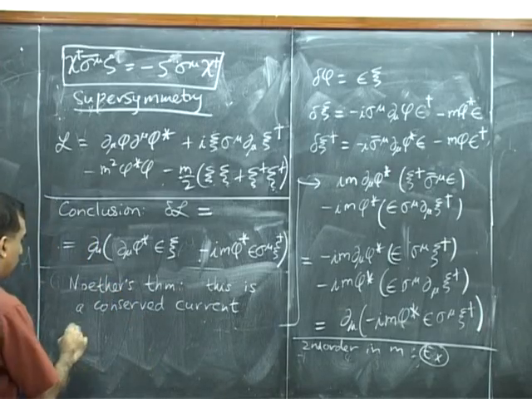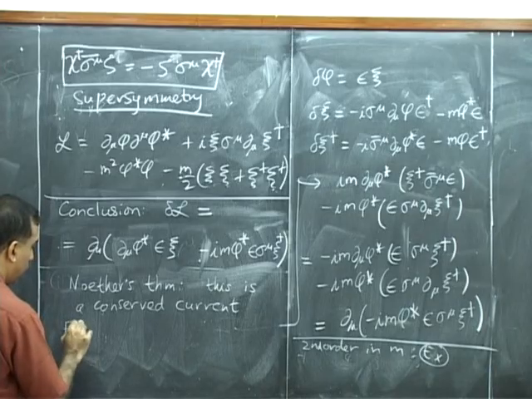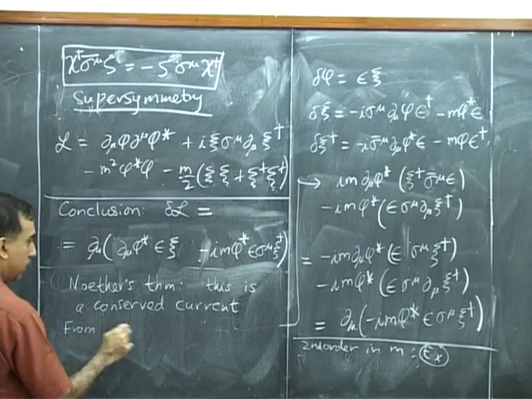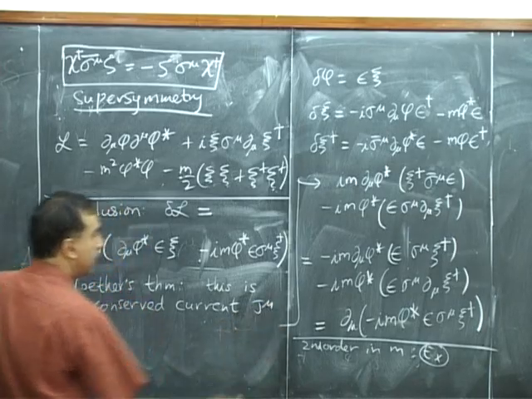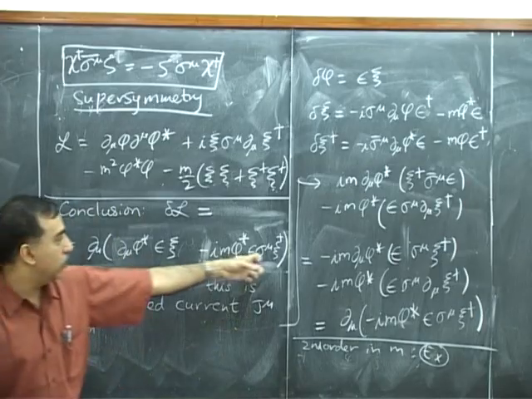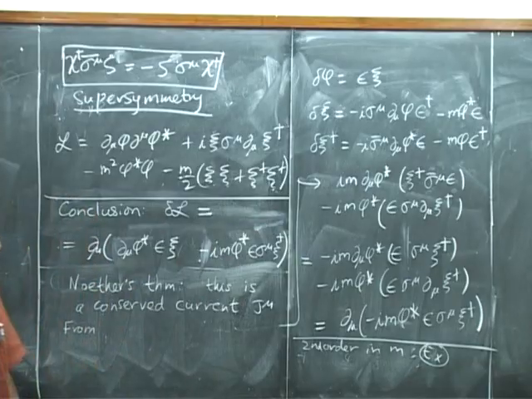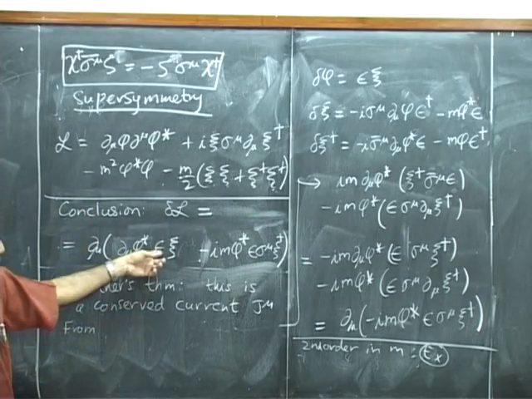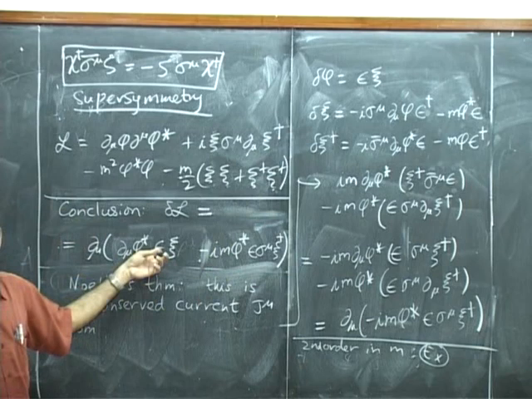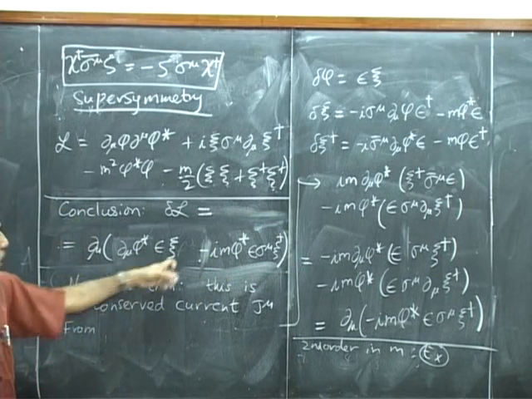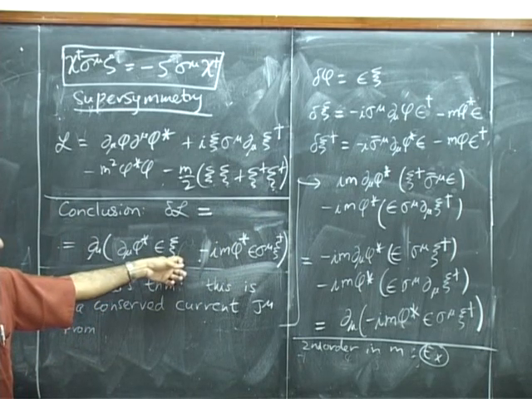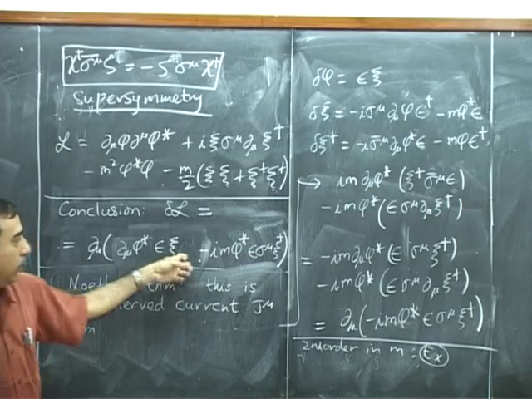Okay. Also, let's examine what is this current. It's called the super current because this transformation we've just been studying is supersymmetry. How many indices does it have? Well, we should take out epsilon, which is a spinor, the parameter of the transformation. Then psi contributes a spinor index, a lower undotted index.